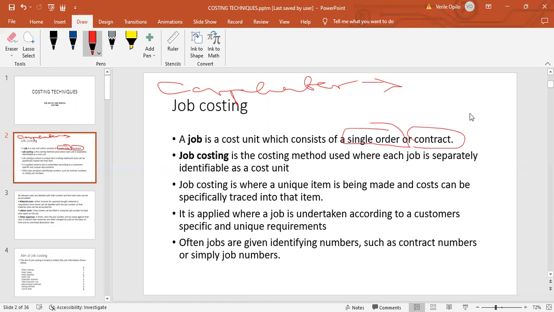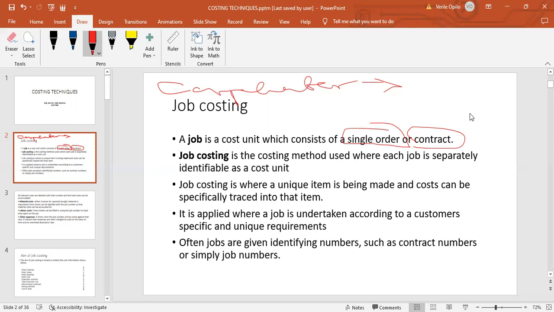So in that case, we are also going to be numbering, because again, the carpenter, the company is going to be producing different items. So it means that they need to be able to identify each job. We find that in most cases, they often give these jobs identifying numbers, so that they can identify that job number 55: this is what we did, this is the product to produce, these are the specifications, and these are the total costs that the business incurred in order to produce that unit or that product for that particular client.